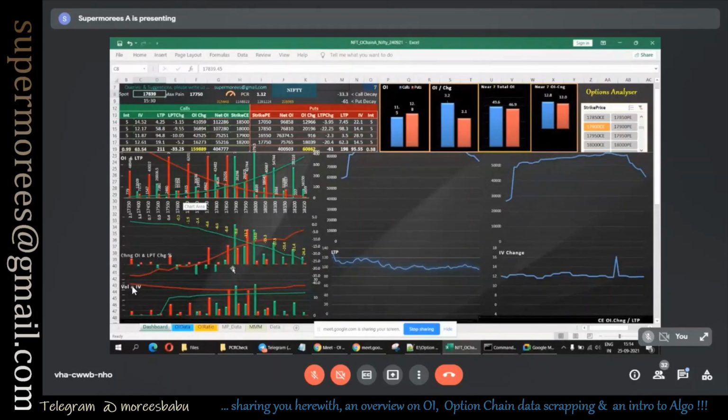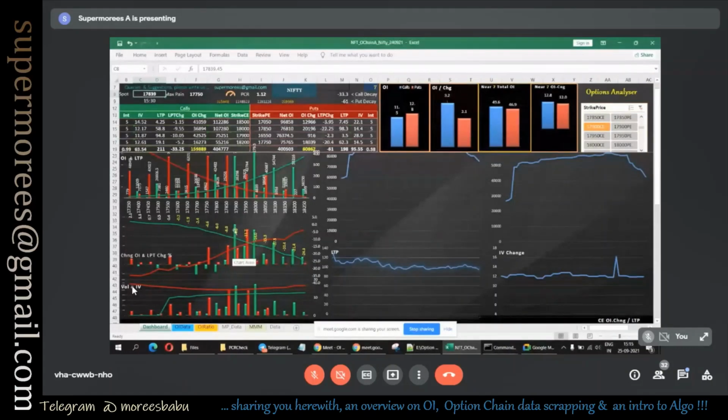So you have everything on one single page, wherein for 17,900 you'll be able to see a lot of people shorting the call option. Huge OI build-up is happening on the 17,900 call option, and in today's changes, compared to the put option, I see more call options being sold.